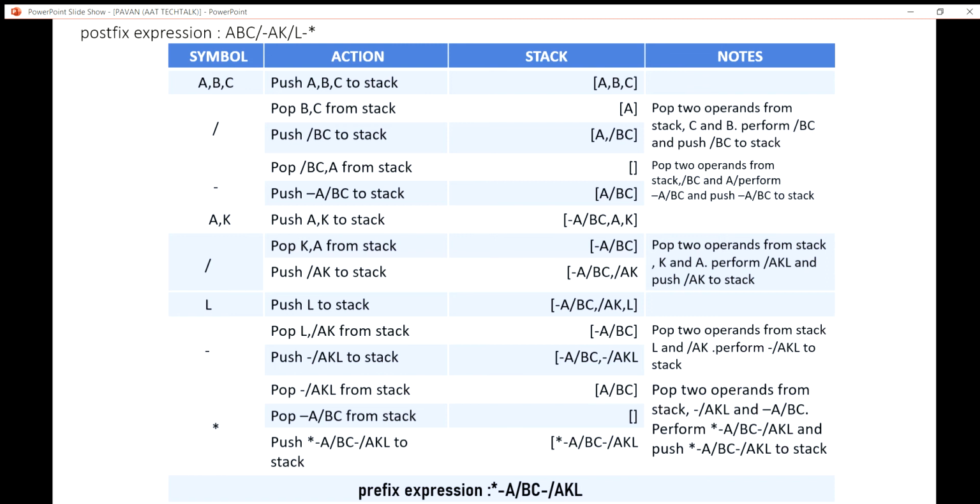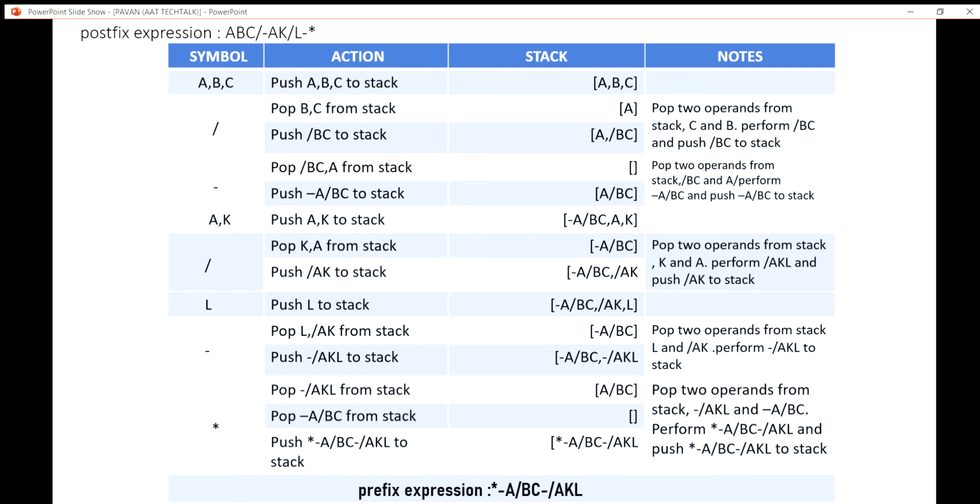Pop K and A from the stack, so in the stack we will have -A/BC. Perform division on A and K, giving /AK, and push /AK to the stack. In the stack we will have -A/BC, /AK.